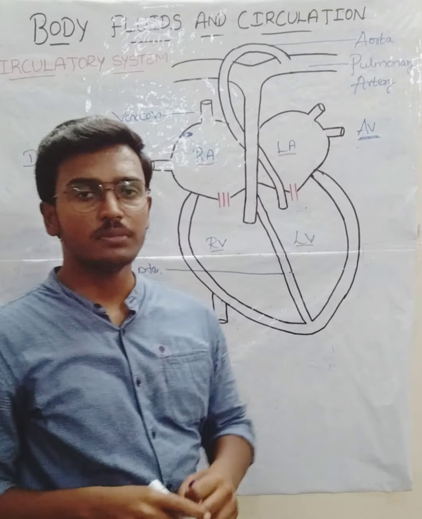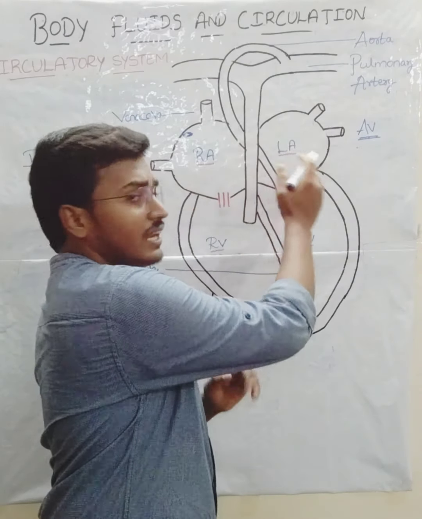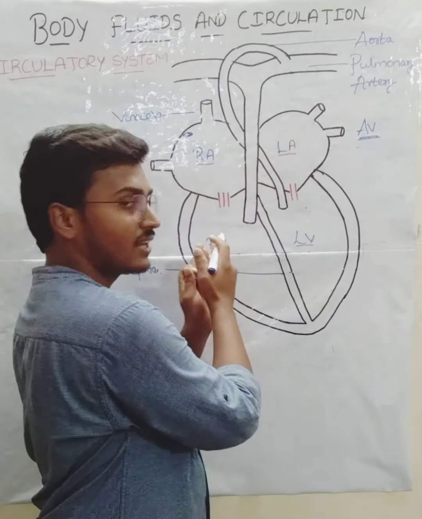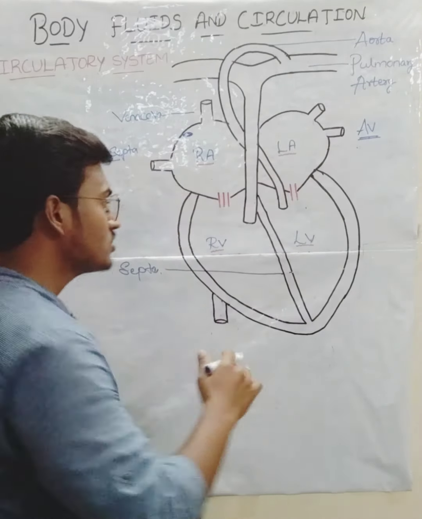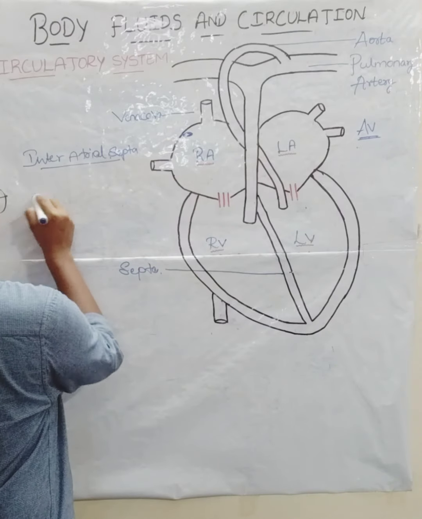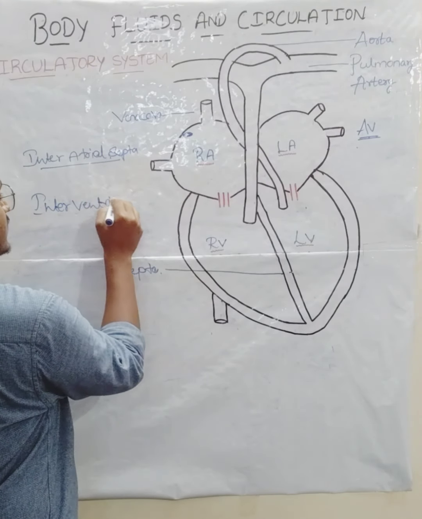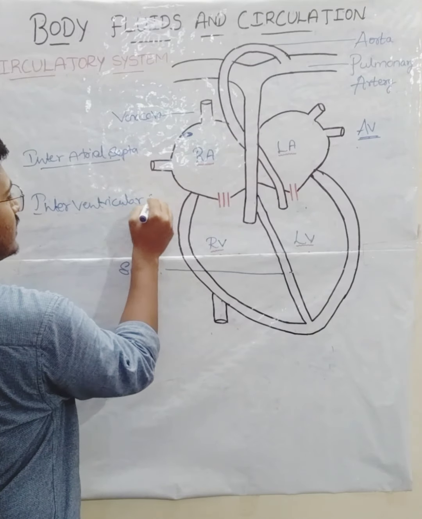Interatrial septa is present between the right atrium and the left atrium. Similarly, the septa present between the right ventricle and the left ventricle we call the interventricular septa.